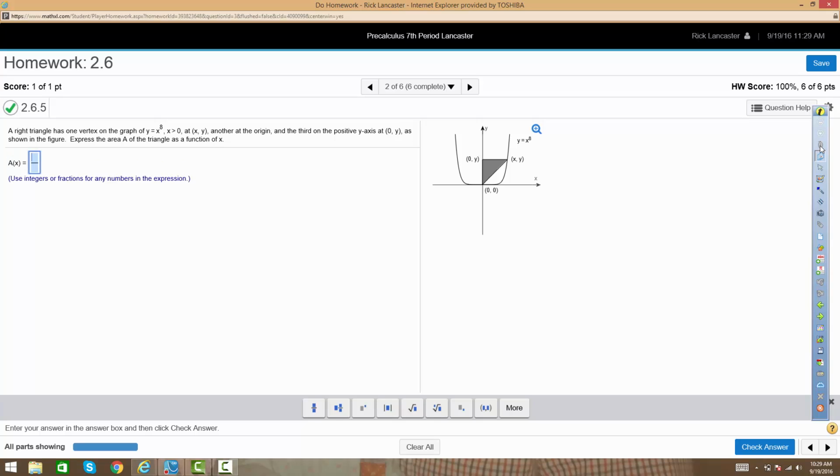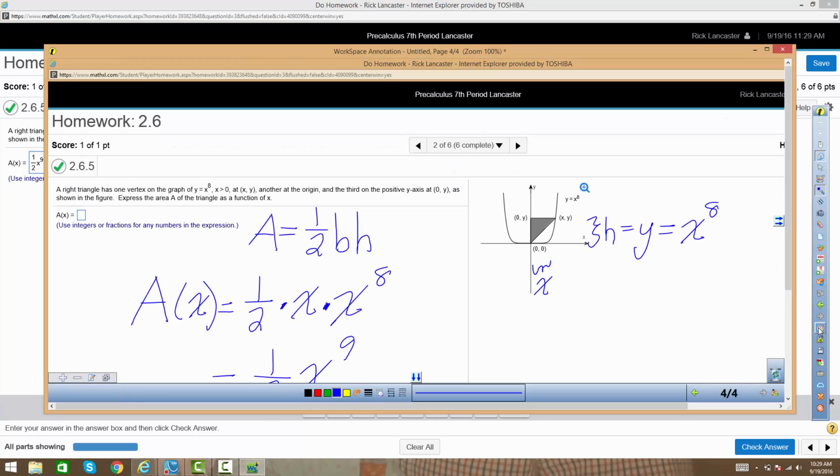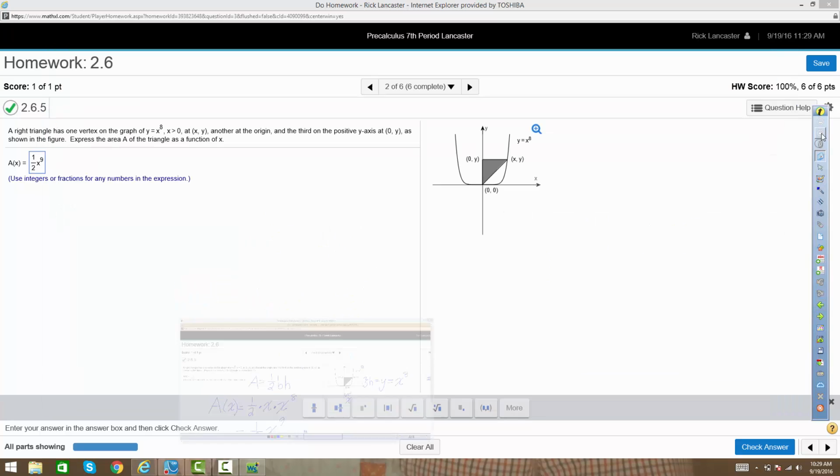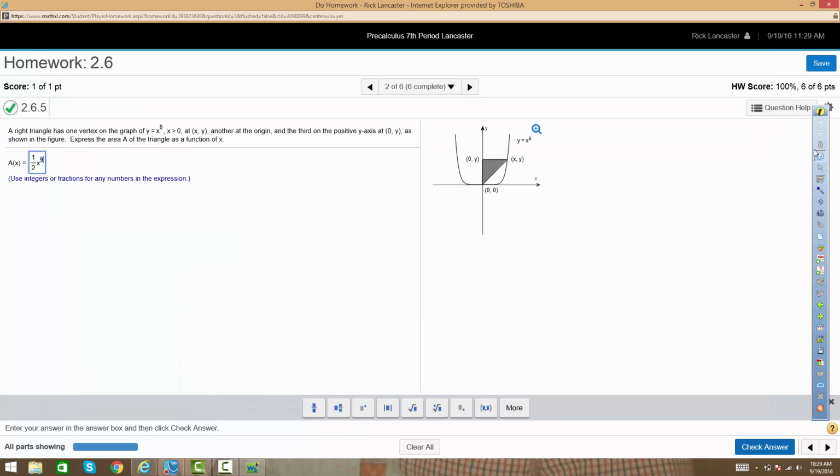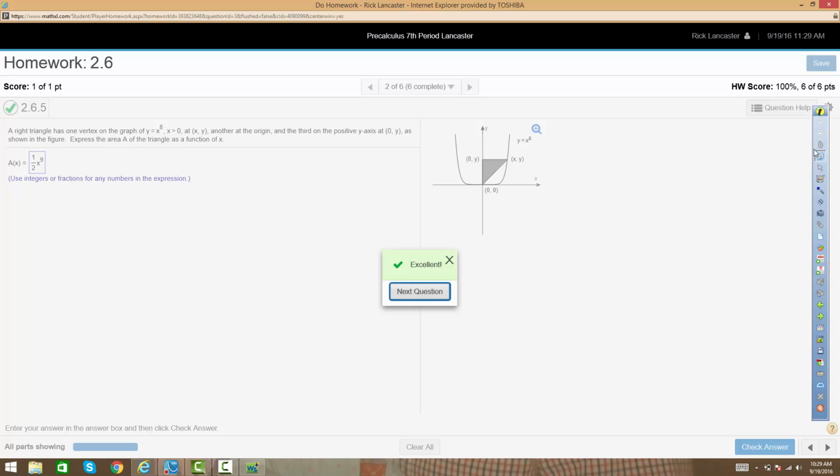So I'm going to put in a fraction, 1/2, move out of the fraction, x, exponent 9. I may have said 8, but I really meant 9. So check answer, and the book liked that.